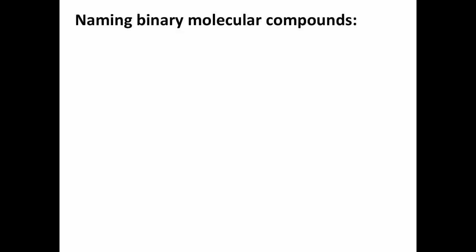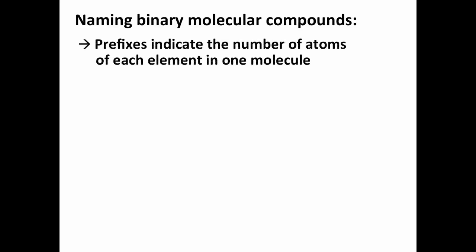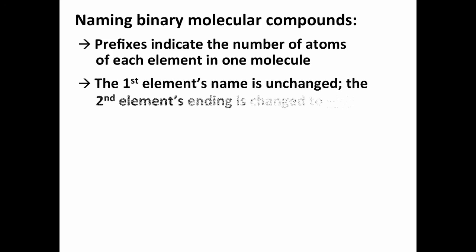But if we're dealing with reasonably simple compounds, what are called binary molecular compounds, made up of just two elements, we have some reasonably simple naming rules. We use prefixes to indicate the number of atoms of each element in the molecule, and the first element's name we leave the same, and the second element's name we change its ending to IDE.